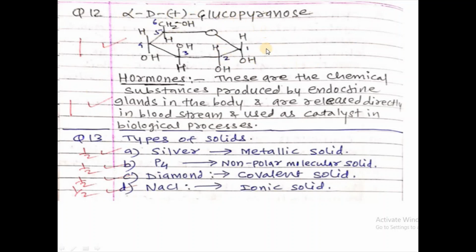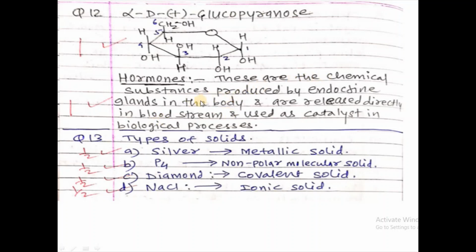The positions of H and OH are different. Here H is to the upper side, OH is towards the lower side, and in case of beta, OH is on the upper side, H is on the lower side of the anomeric carbon. All other things are same.